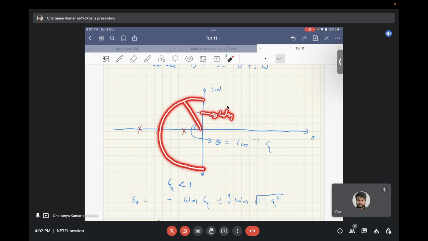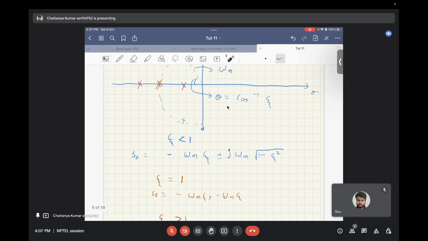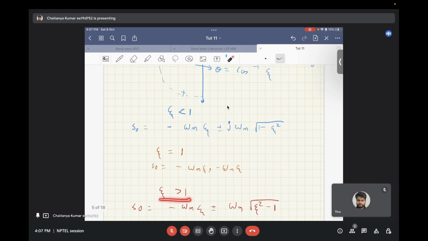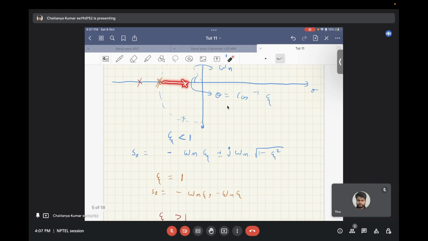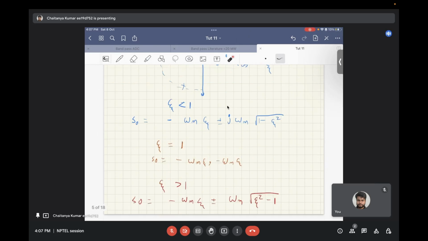omega n. And for zeta equal to 1, this term will go to 0 and we will have two poles coinciding at minus omega n zeta, and since zeta equal to 1, this also lies on the same radius. And after that, for zeta greater than 1, the poles come on the real axis and become real.